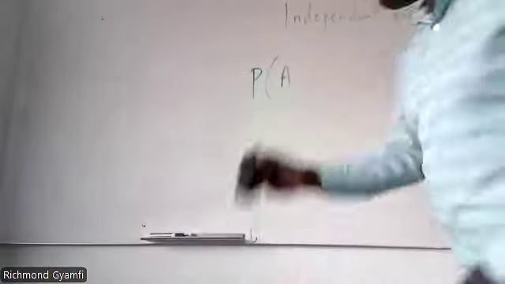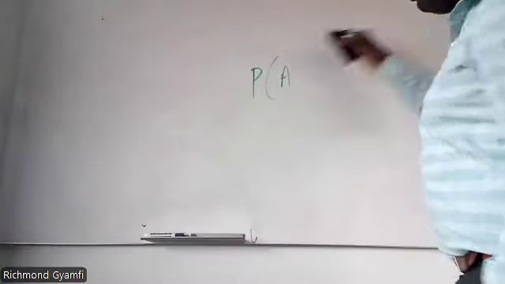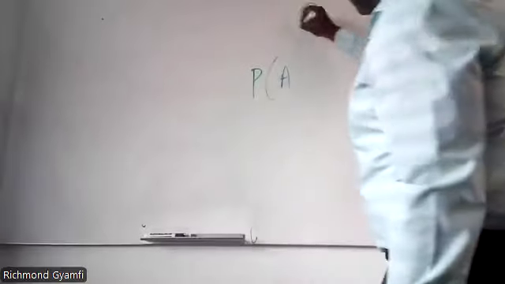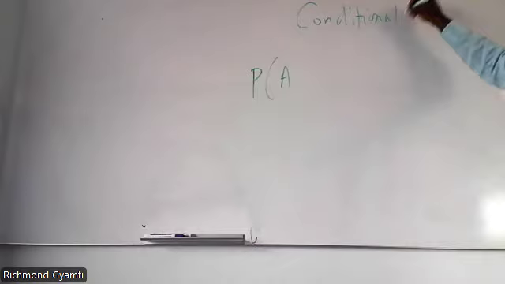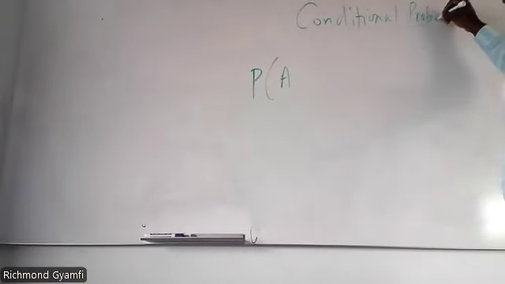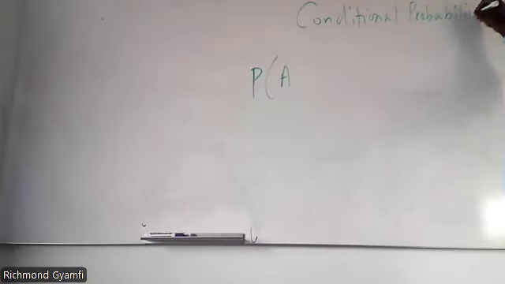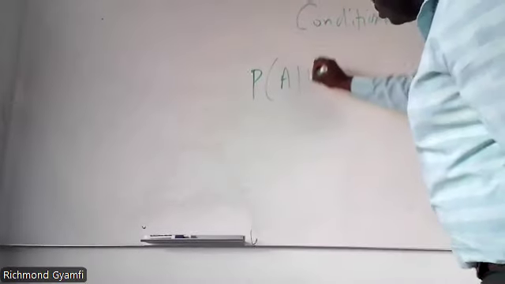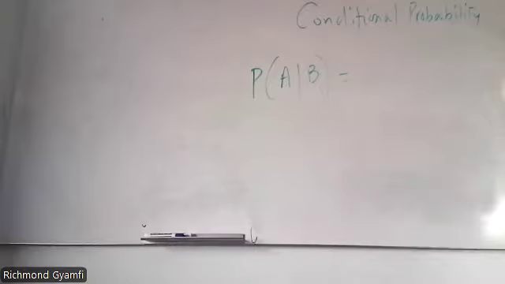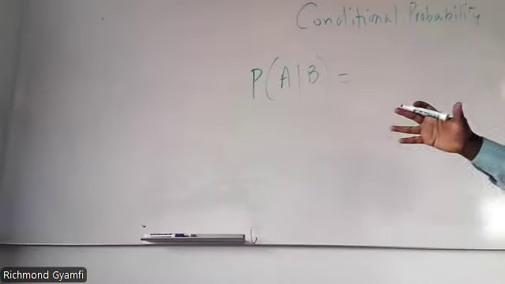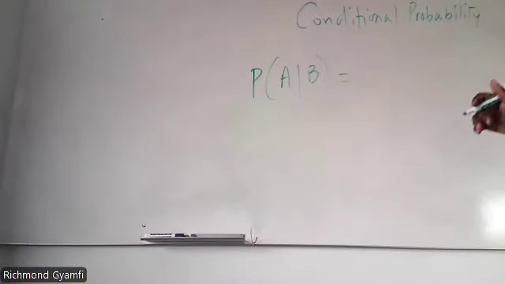So let's talk about that one too. That is called conditional probability. So in conditional probability, the rule says, and this is a rule, it's always going to work.